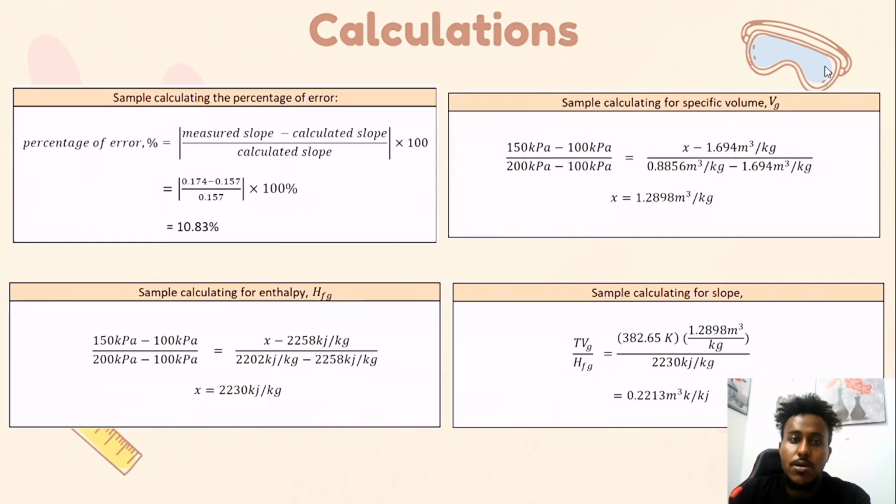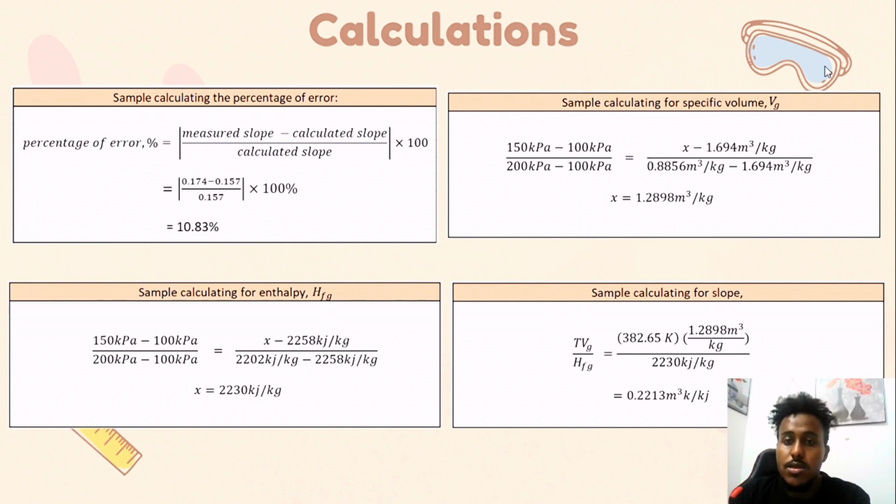Continuing the calculations, a sample calculation of the percentage of error: percentage of error is equal to measured slope minus calculated slope, divided by calculated slope, times 100. With this equation we got 10.83 percent.